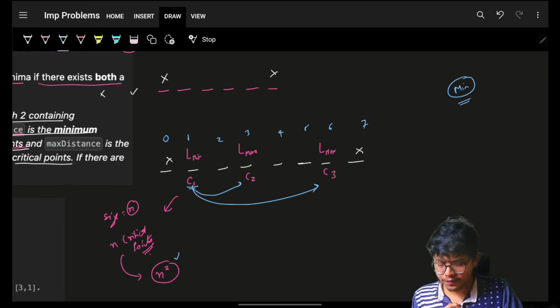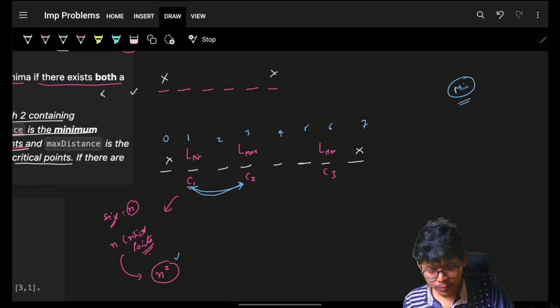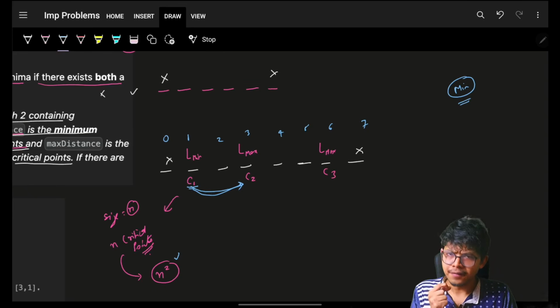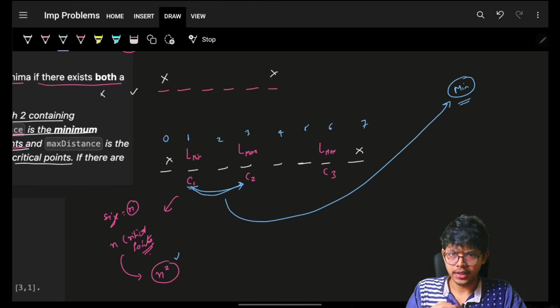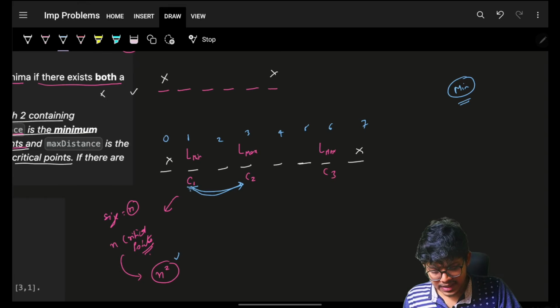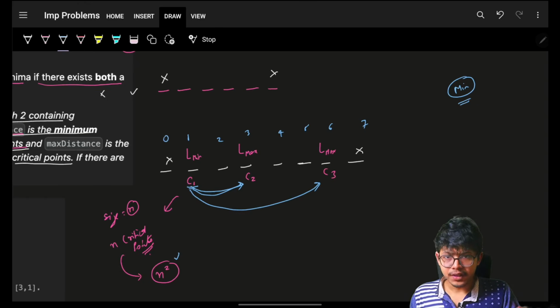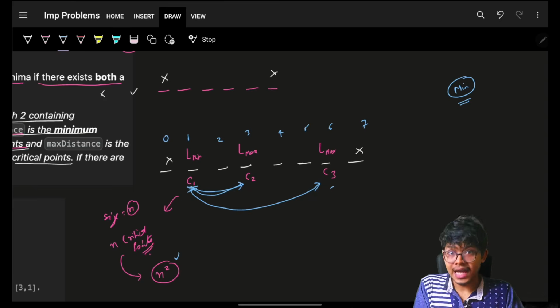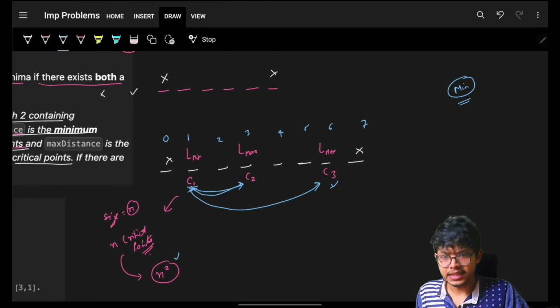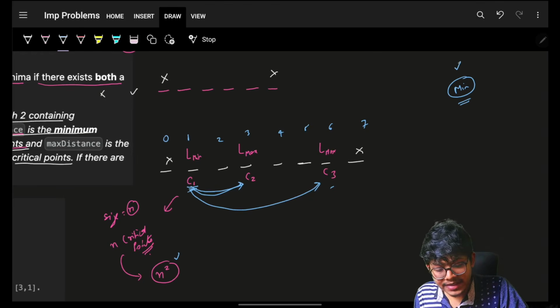Isn't it very obvious that the nearest point to C1 will be the contributor to minimizing its result? Obviously C3 is far away from C1, which means nearer to C1 I have a C2. So I will never have my C3 contribute in minimizing the minimum distance from C1.